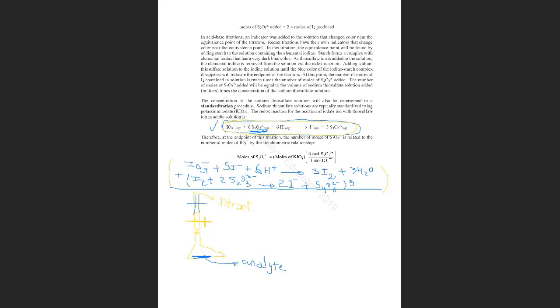So when you are close to the end point, you need to go slowly. And how do we go slowly? This stopcock, you just move it and leave it partially open, in a diagonal position. And then the flow of your titrant is going to be much slower. You can have it completely open at the beginning when you have to add a lot, but closer to the end point, you need to do it slowly.